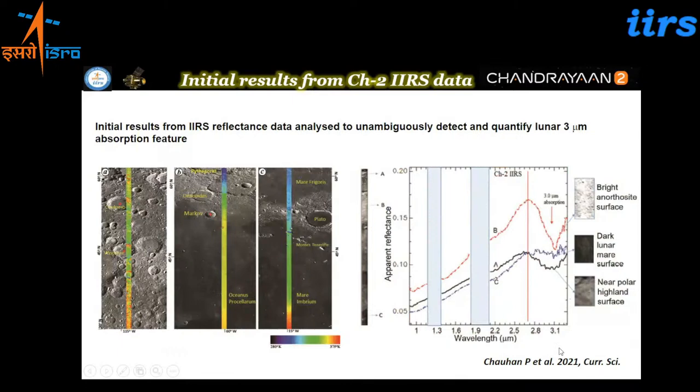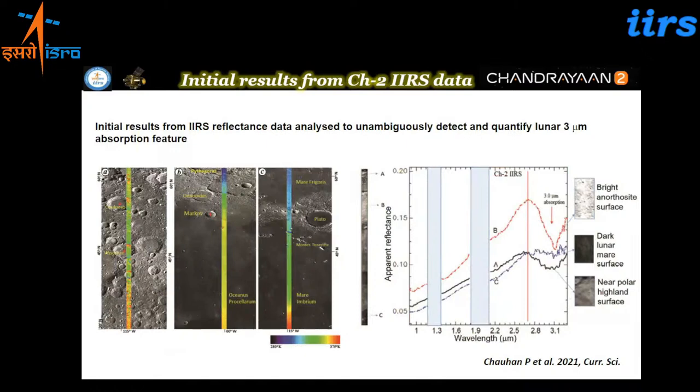So this was all about the various minerals detected from the recent lunar and Martian missions, mainly from the Indian missions, and the results that have been generated from the analysis of hyperspectral sensors on board Moon and Martian missions, and also the important mineralogy that is present over the Moon and Mars.